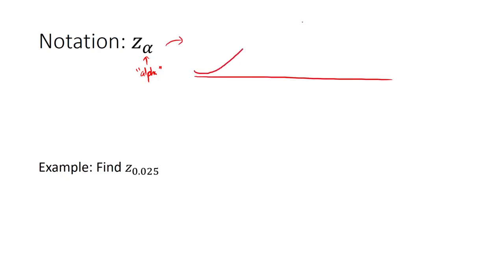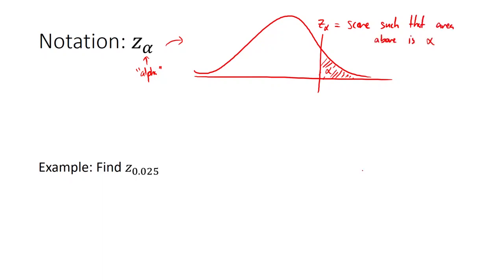It's the z-score such that the area above it is alpha. It's like the opposite of a percentile, basically.